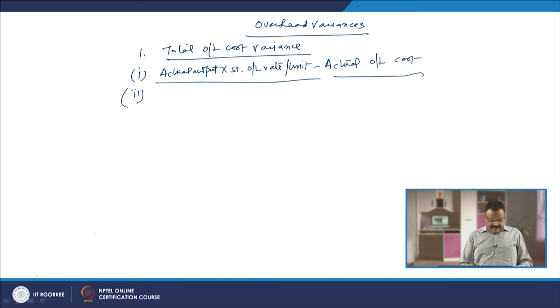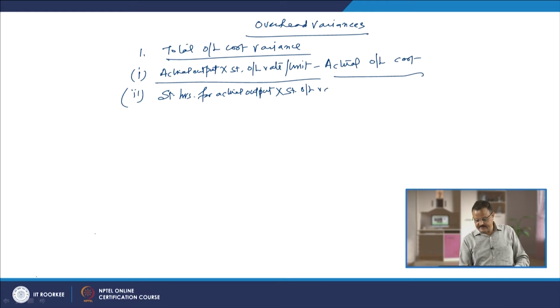That is the standard hours for actual output multiplied by standard overhead rate per hour. Here it was per unit, here it is per hour.